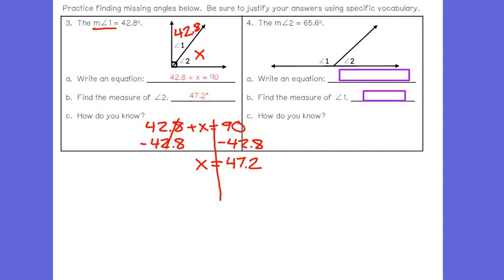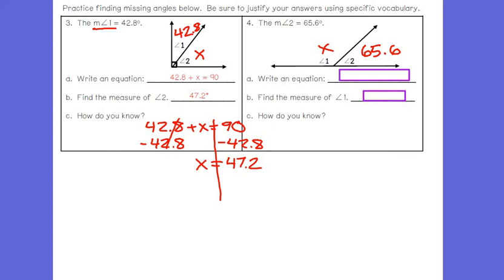It says the measure of angle 2 is 65.6 degrees. What could I call angle 1? X. Okay. Math people like X. Some people like using different letters. I'm an X kind of gal. So what would my equation look like?